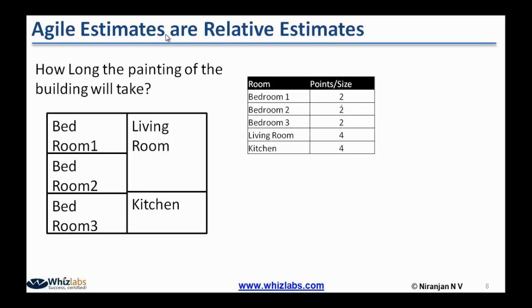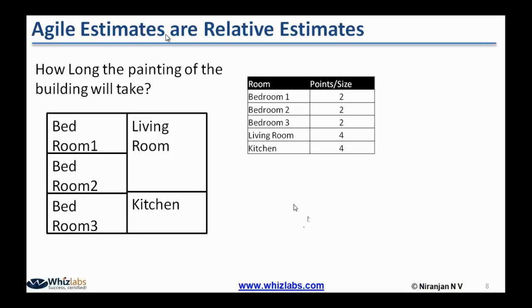It is a random number. It doesn't have any significance. Just give some random number. Since I gave bedroom 1 2 points, naturally I have to give 2 points to the other 2 bedrooms because they are equal in size.